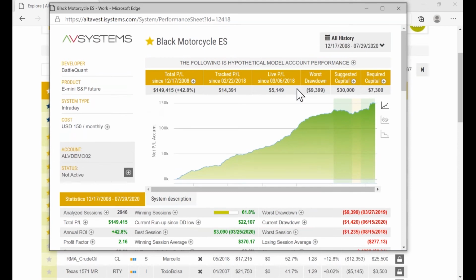And you'll see up here all the different metrics for its history, suggested capital, required capital. It's important to note that this $30,000 suggested capital amount is also the number used to generate all the performance data. So all the percentage data is based off of that $30,000 suggested capital requirement.